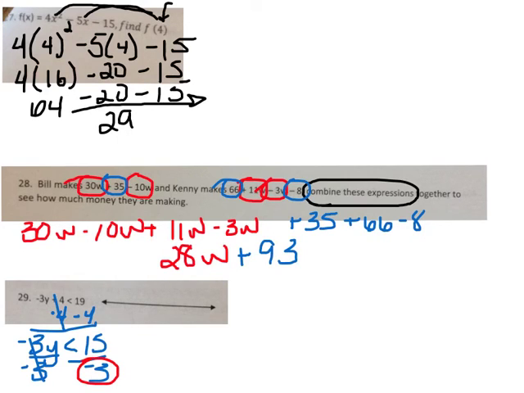When I divide by that negative, it means that that guy has to flip. So I'm going to say y is now greater than negative 5. I'm going to put a dot on negative 5. And it's going to be an open dot because there is no equal to bar, and I'm going to shade to the right. If you have any questions, feel free to ask.